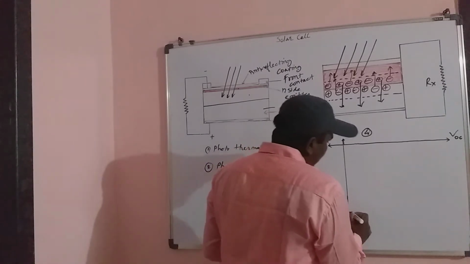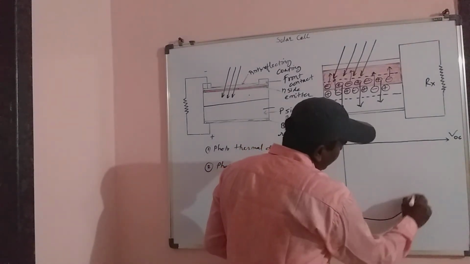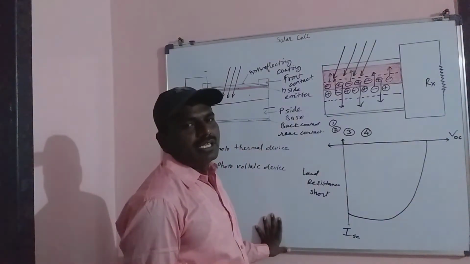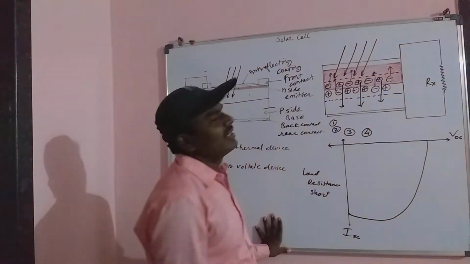When we draw the graph, we should get a curve for the current voltage characteristic of the solar cell.